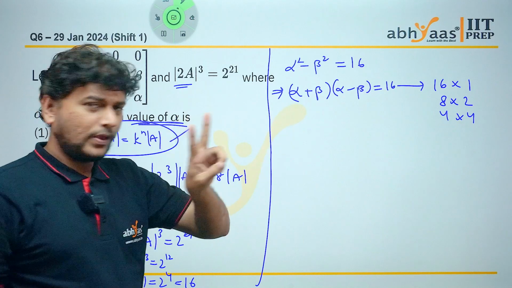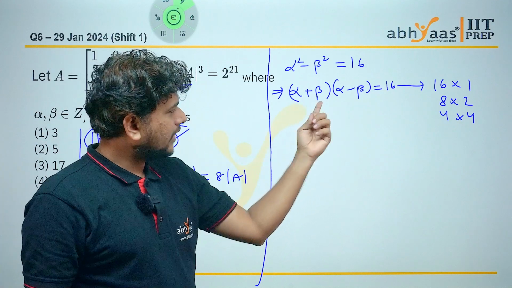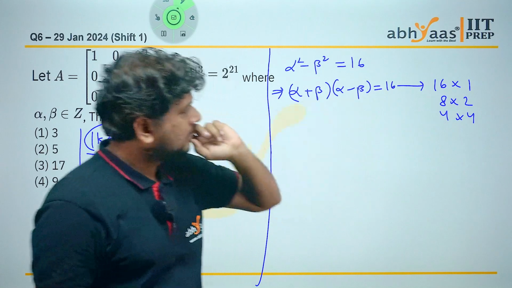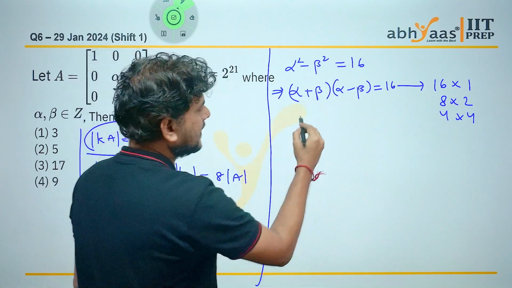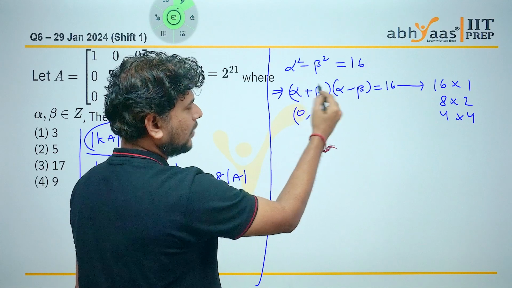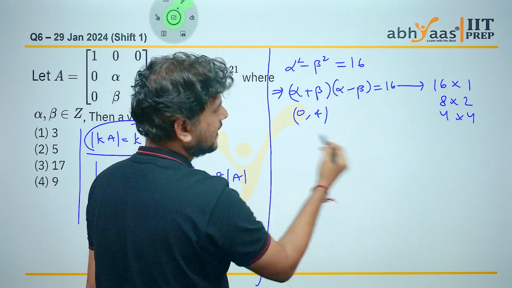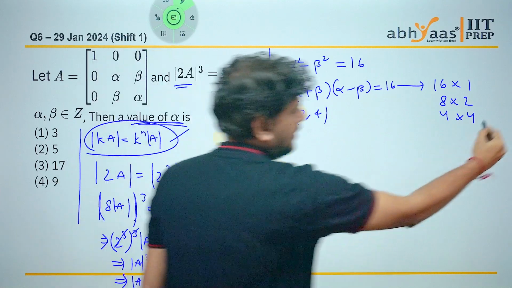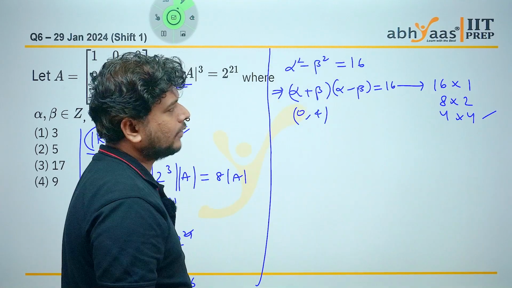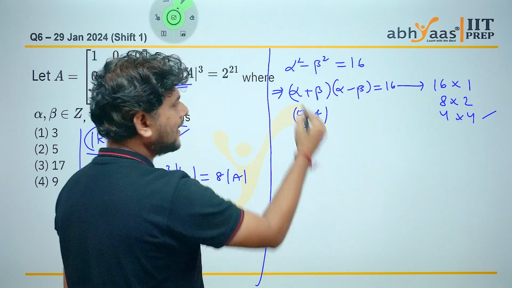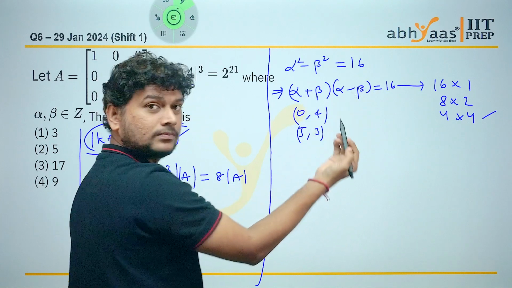We have to find two values such that the sum of them will be here and the difference of them will also be here. If we take 0 comma 4, 0 plus 4 or 0 minus 4, it will be 16. 4 plus 0, 4 minus 0, 16. Okay, this can be done. 8, 2. Yeah, if we take 5 comma 3, 5 plus 3 is 8, 5 minus 3 is 2.